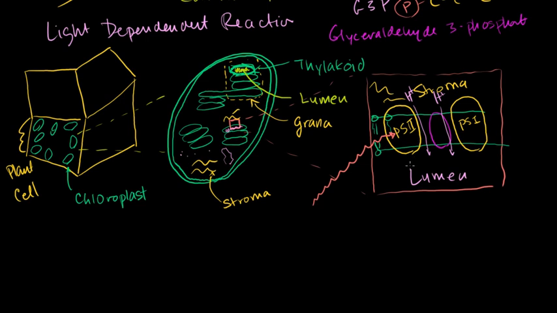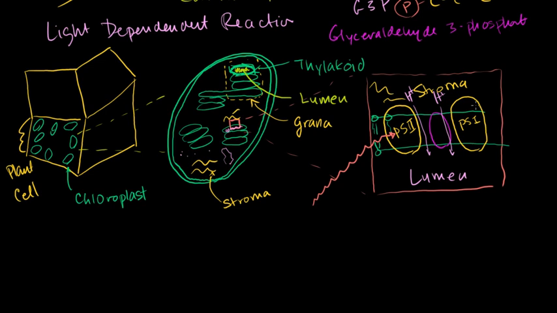But in either case, you're creating this gradient where, because of the energy from essentially the photons, the electrons enter a high energy state. They keep going into a lower energy state, and then they go to photosystem 1, and then they get hit by another photon. That's a simplification, but that's what you can think of it. They enter another high energy state, then go to a lower energy state.